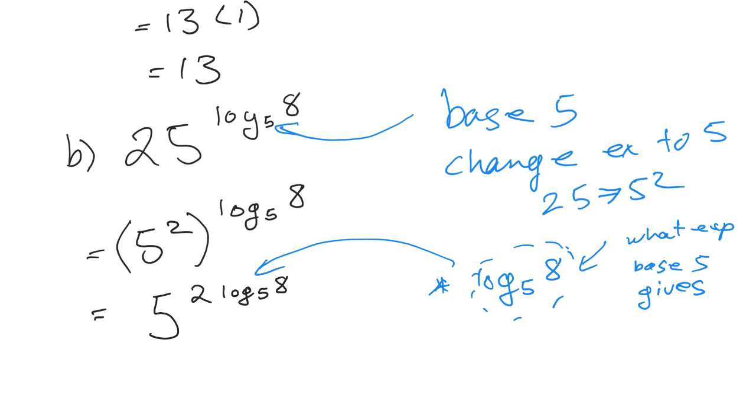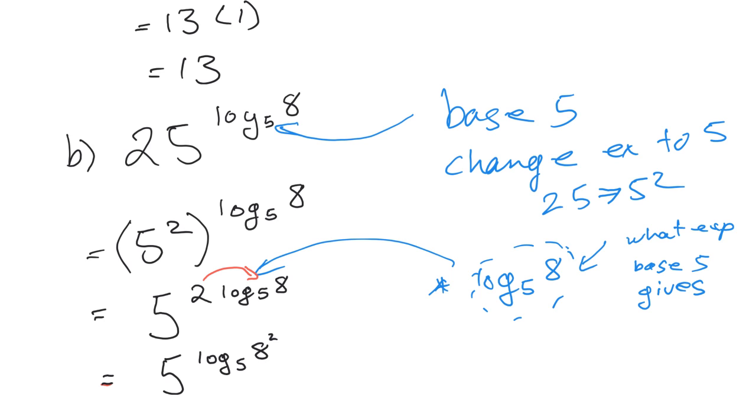So you know what we should do? Let's just take this information, take this 2, and stick it onto the 8. So remember, I said that something that was raised to the 2 could be stuck on the 8. So you end up with 5 raised to the log base 5 of 8 squared.